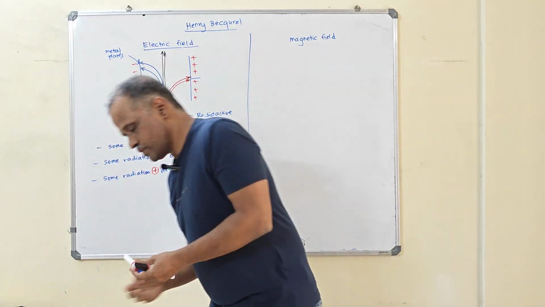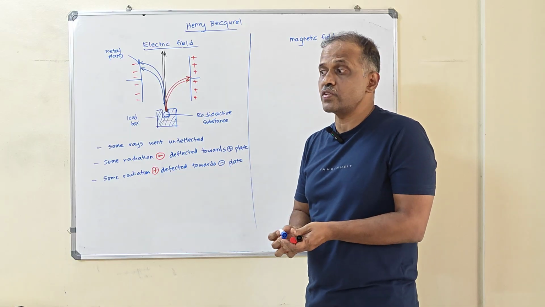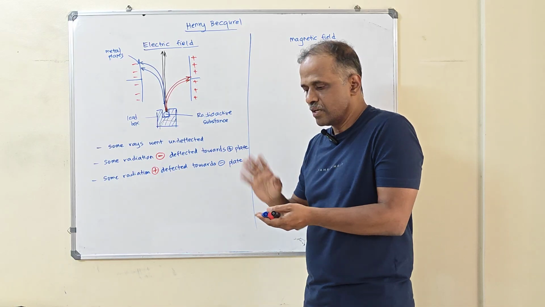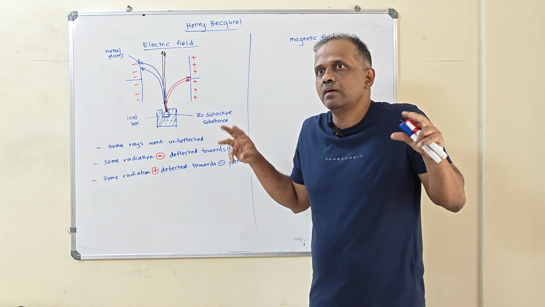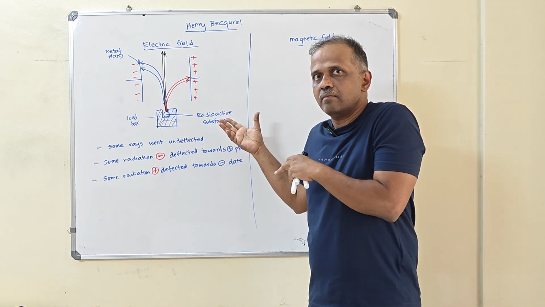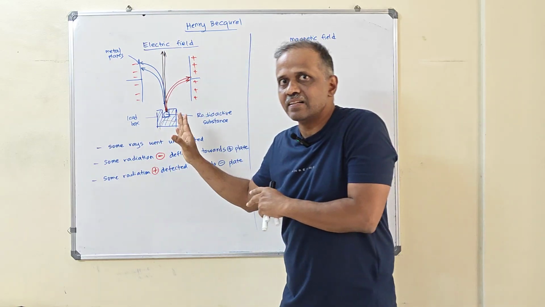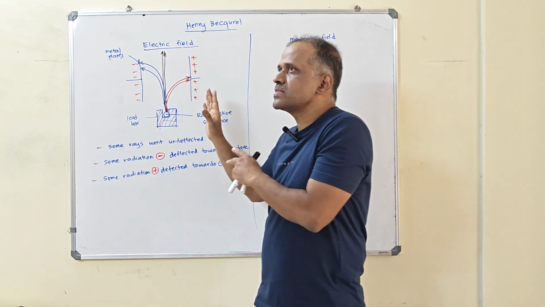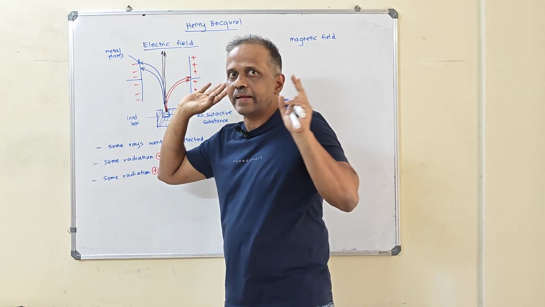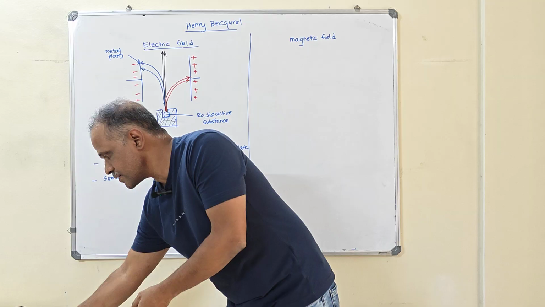These were the inferences drawn: certain rays go straight, certain particles deflect towards the positive side, and certain particles deflect towards the negative side. So that is the first thing.